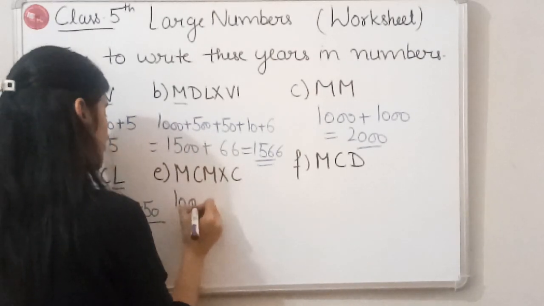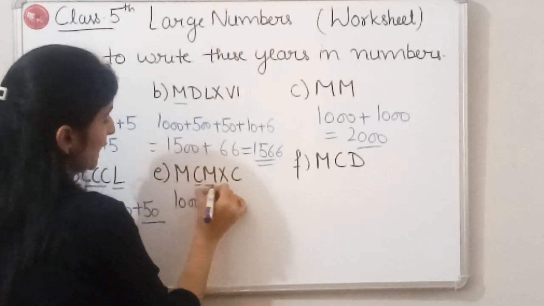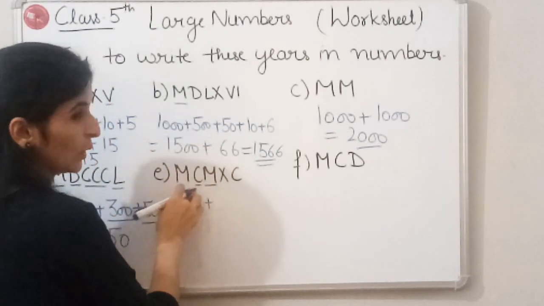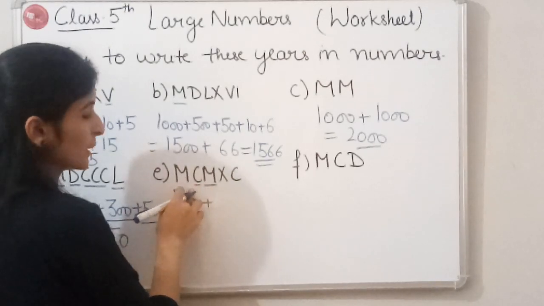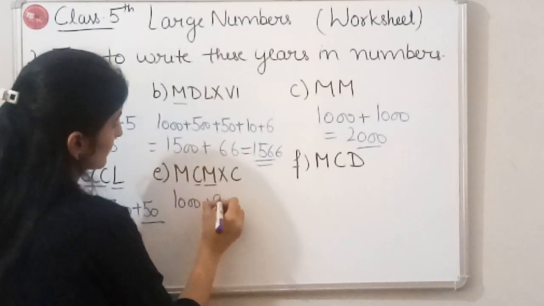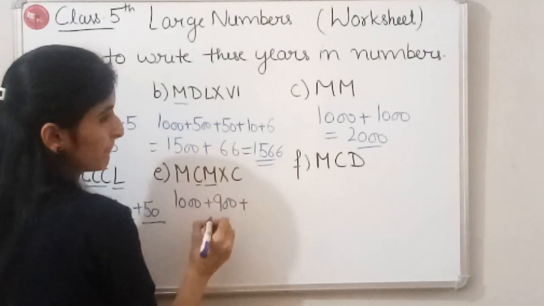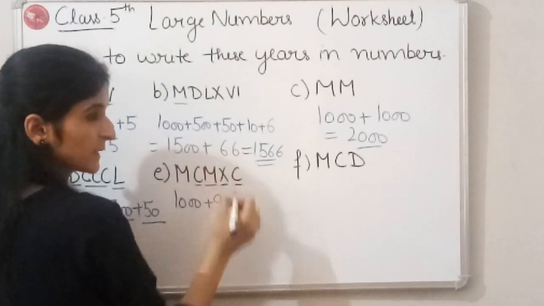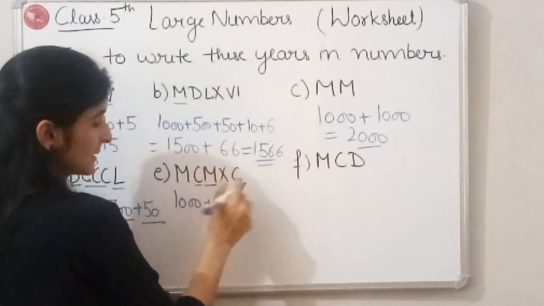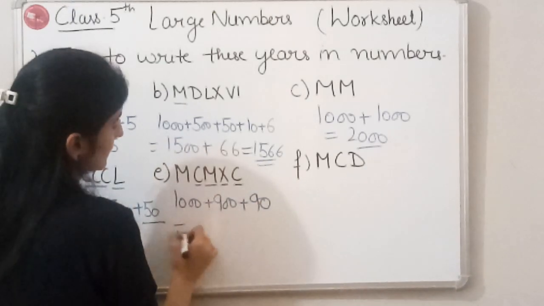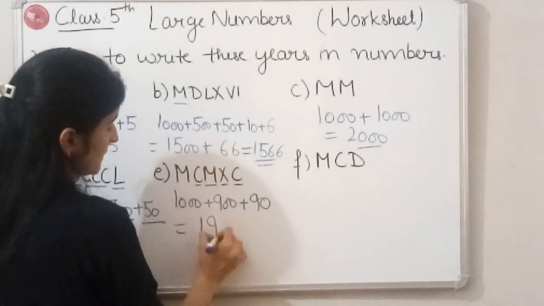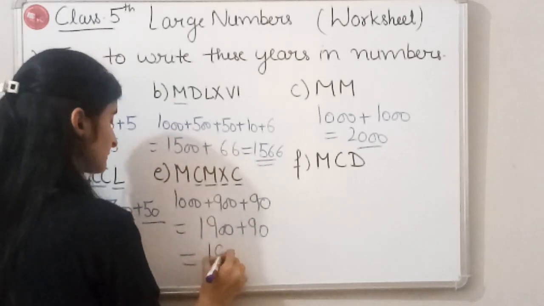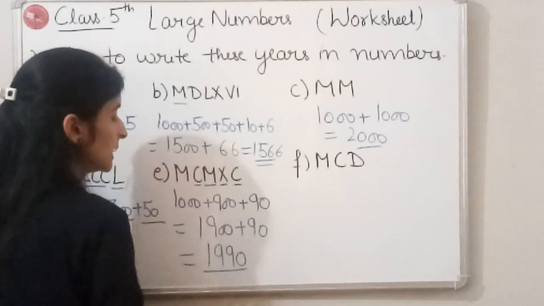Next is E part. M is 1000. Then here is CM. CM means 1000 minus 100 because C is on the left, so its value will be subtracted. 1000 minus 100 is 900. Plus XC. So again the value of X will be subtracted from C. 100 minus 10 will be 90. 1000 plus 900 is 1900, plus 90, so that will be 1990.